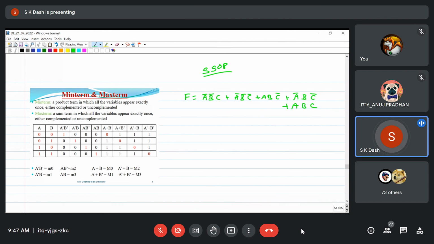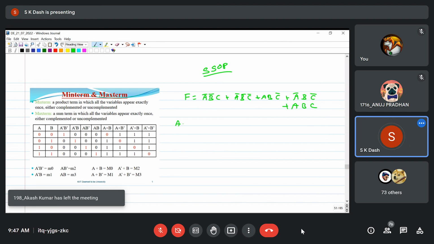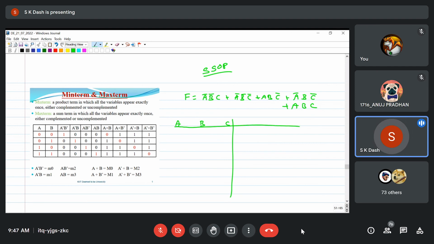I want to represent this function. I want to write its truth table. So what do I need to do? It is easy, but it will be lengthier.